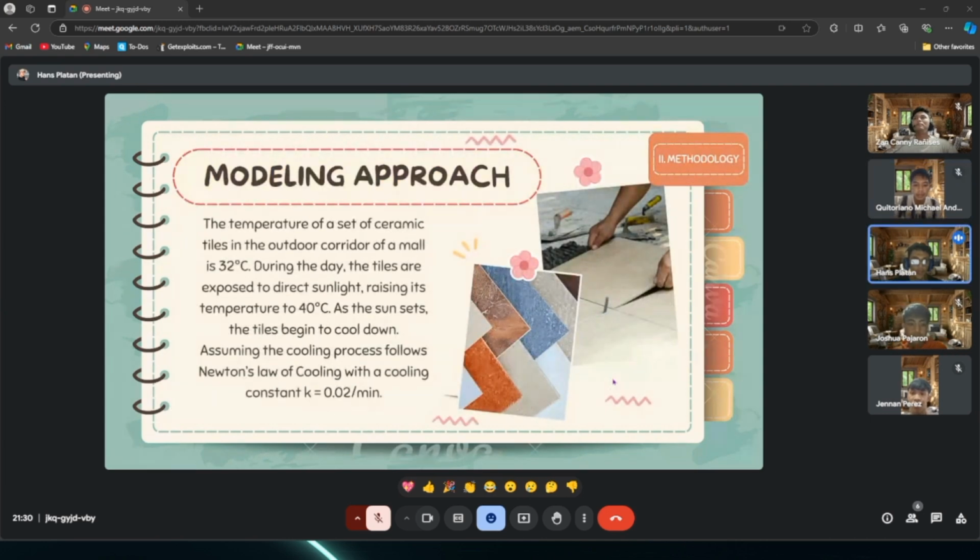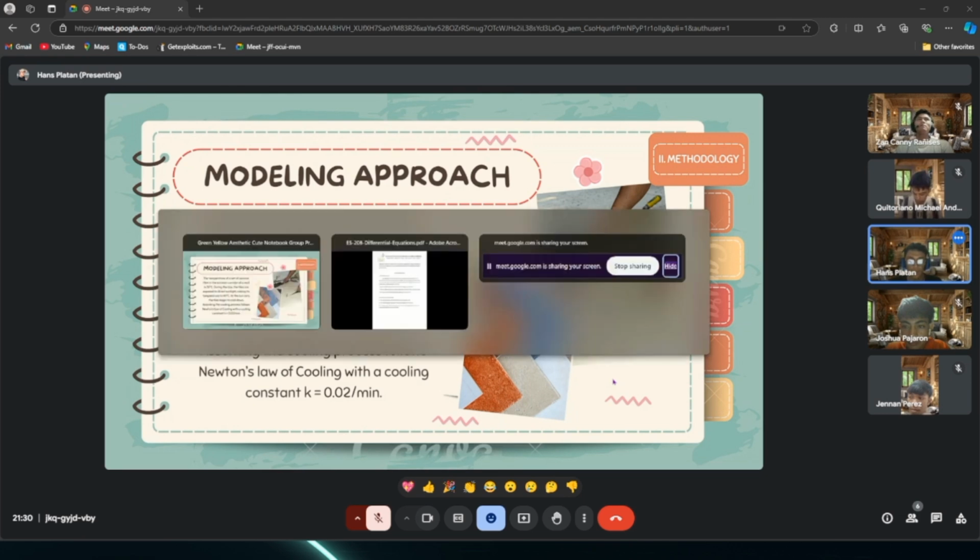So for our modeling approach, the temperature of a set of ceramic tiles in the outer corridor of a mall is at 32 degrees Celsius. During the day, the tiles are exposed to direct sunlight, raising its temperature to 40 degrees Celsius. As the sun sets, the tiles begin to cool down. Assuming the cooling process follows Newton's law of cooling with a cooling constant of k equals 0.02 per minute.